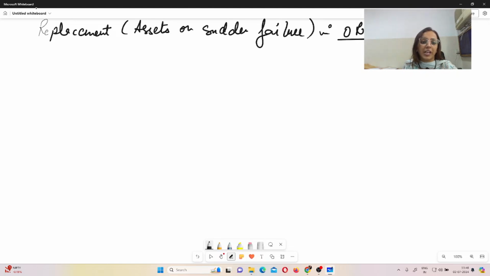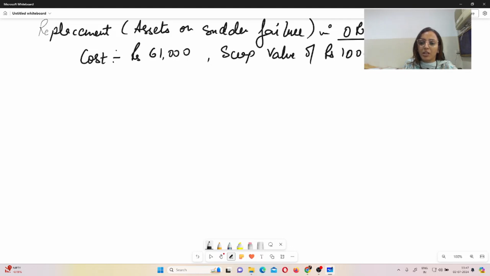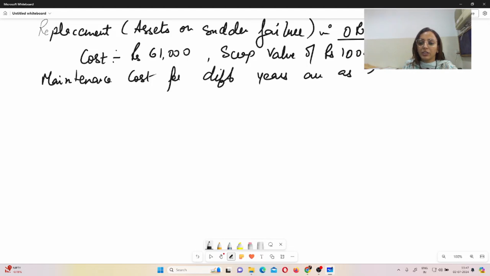Just taking one case study, in which we are given a cost value of rupees 61,000, plus a scrap value. The scrap value is, for example, 1,000 rupees, and the maintenance cost for different years is given as follows.